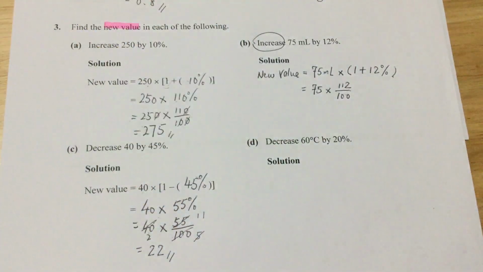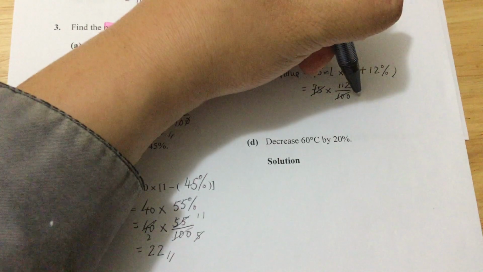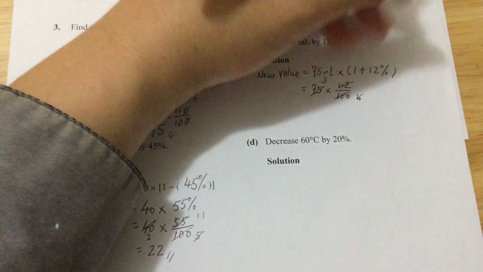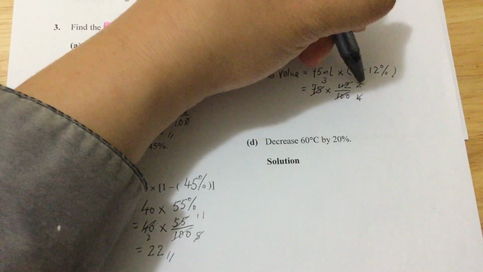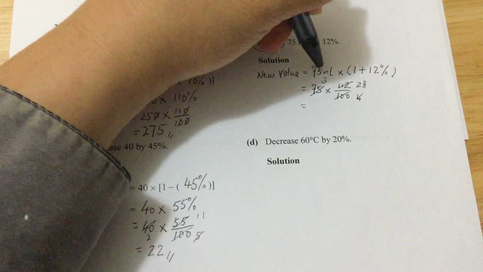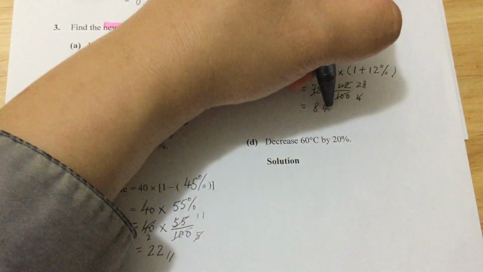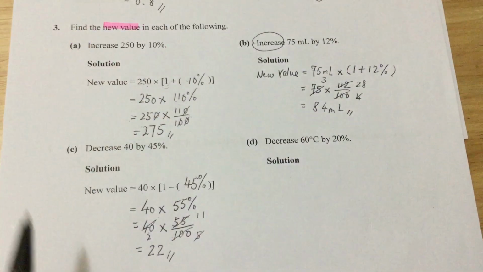Once again, for 25, you know that this is 25, this is 25, so this is 4, this is 3, and then we divide 112 by 4. 4 times is 2 with the 8 and 28. So the answer for this one is 84 milk. I will increase it to 84 milk.